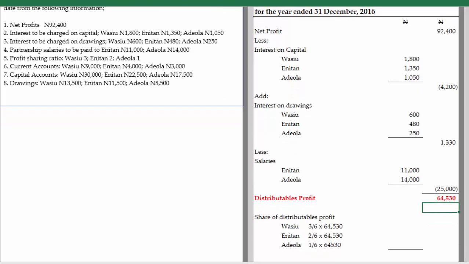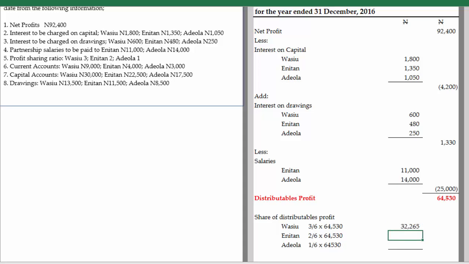So let's share it. The share of profit is in the ratio of 3 to 2 to 1. So Wasil will get 3 over 6 of 64,530, and that gives 32,265.